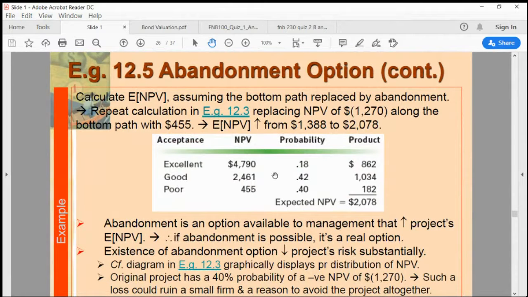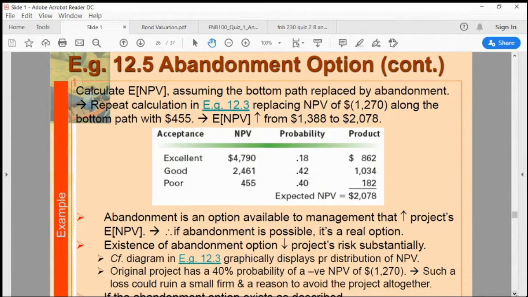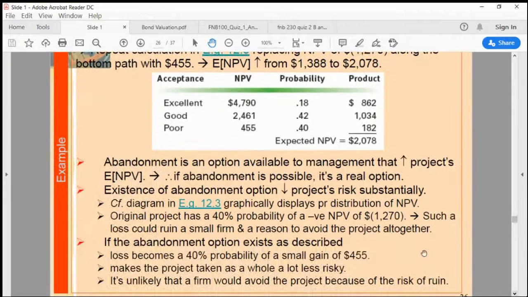And then the probability is being weighted, and eventually the expected net present value will be 2.078 million. So abandonment is an option available to the management that increases the project's expected net present value.